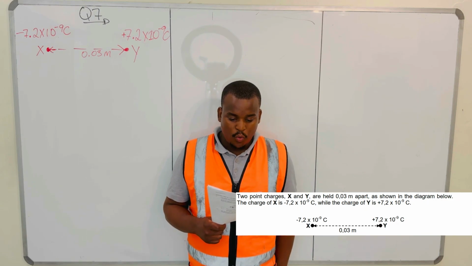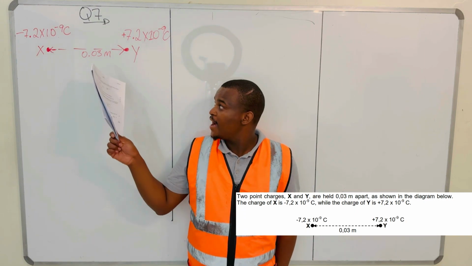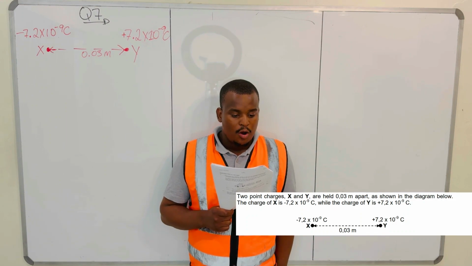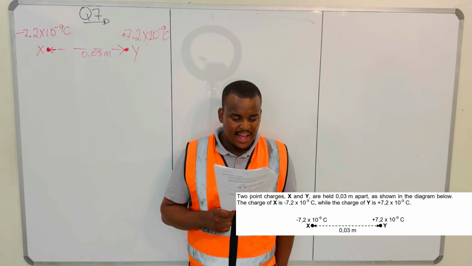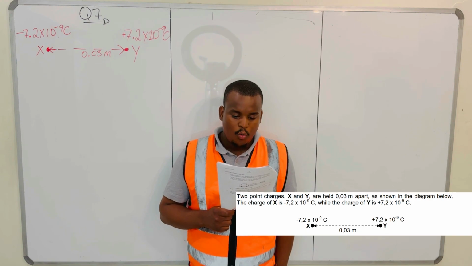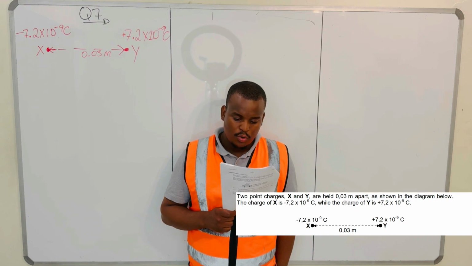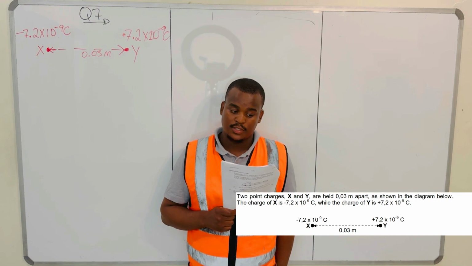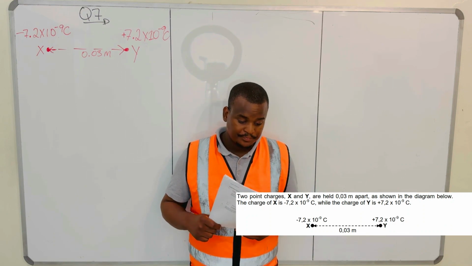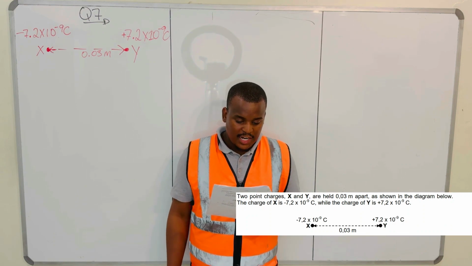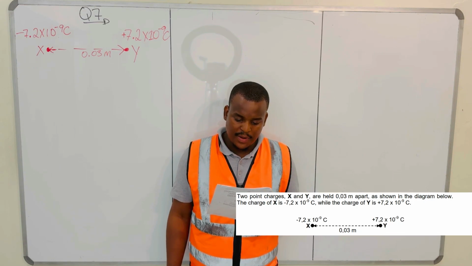Two point charges X and Y are held 0.03 meters apart as shown in the diagram.